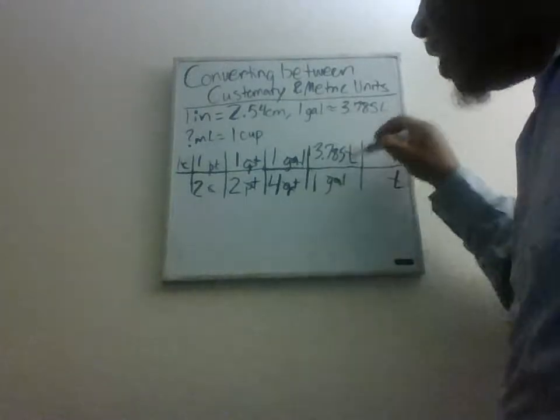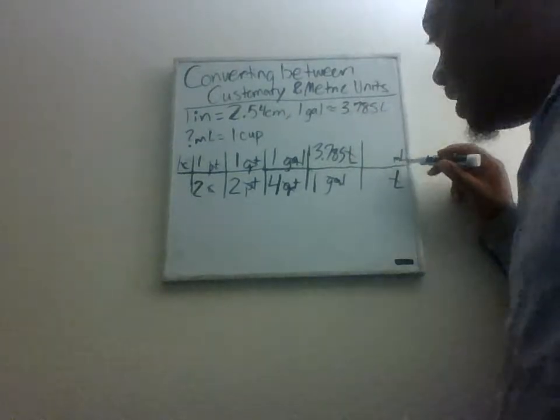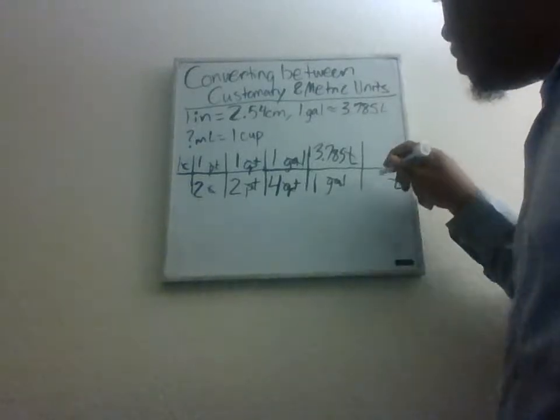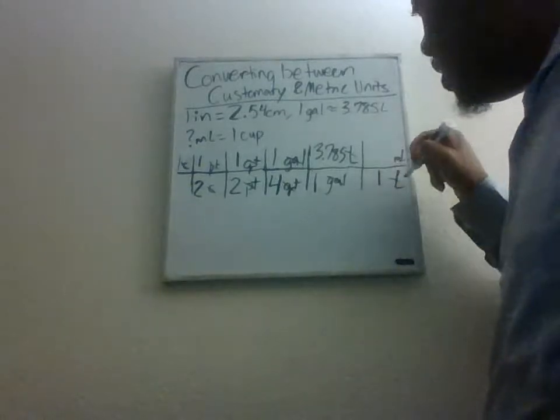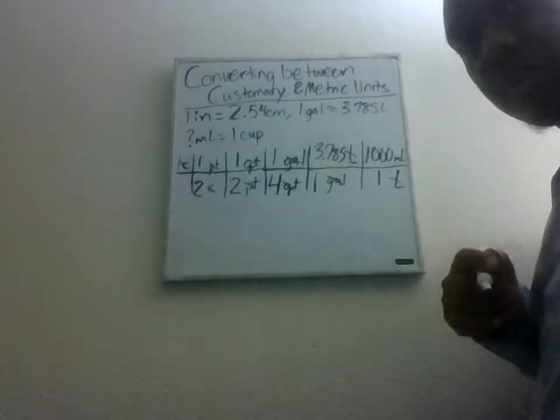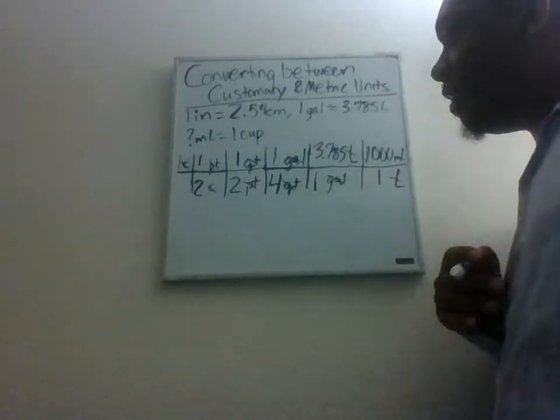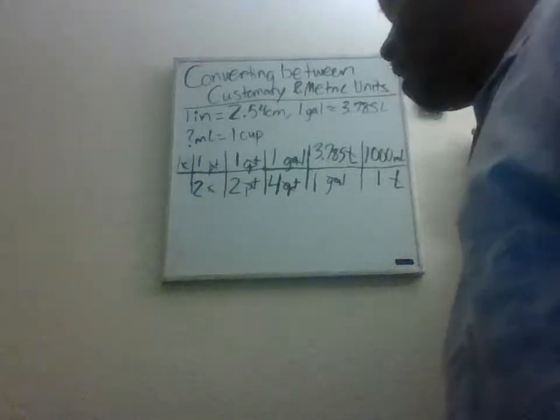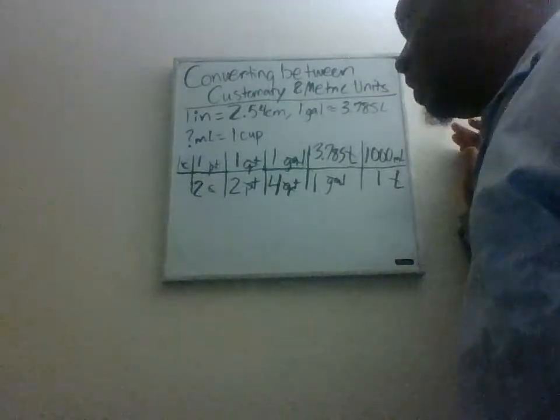And this is what we'll try to get significant to. Lastly, how many milliliters are in a liter? Well, for 1 liter, milli is 1,000, so that would be 1,000 milliliters in 1 whole liter. Good. All right. We have a lot of mathematics on the board, and let's get started.